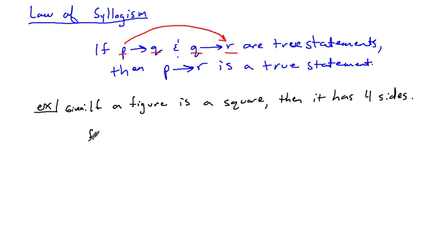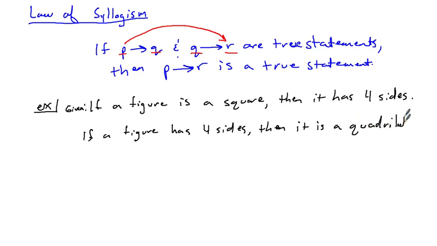Now we're going to have another statement. If a figure has 4 sides, then it is a quadrilateral. Okay? And we need to come up with a conclusion based on this statement, right?